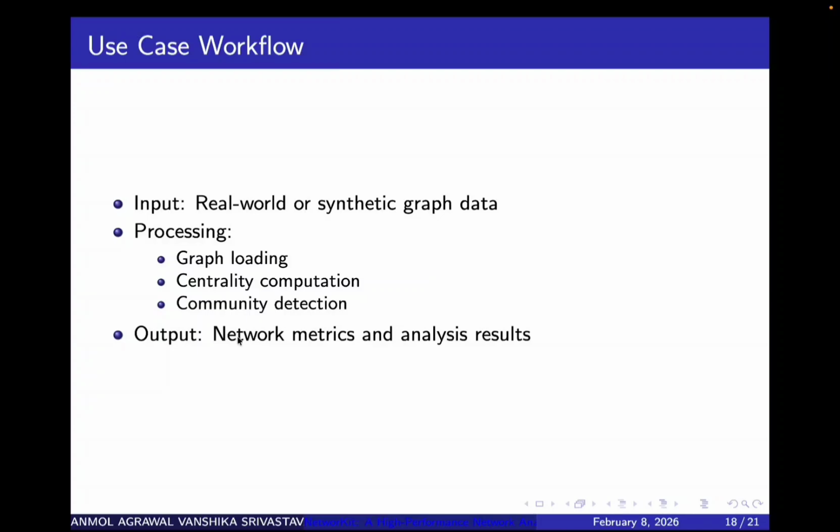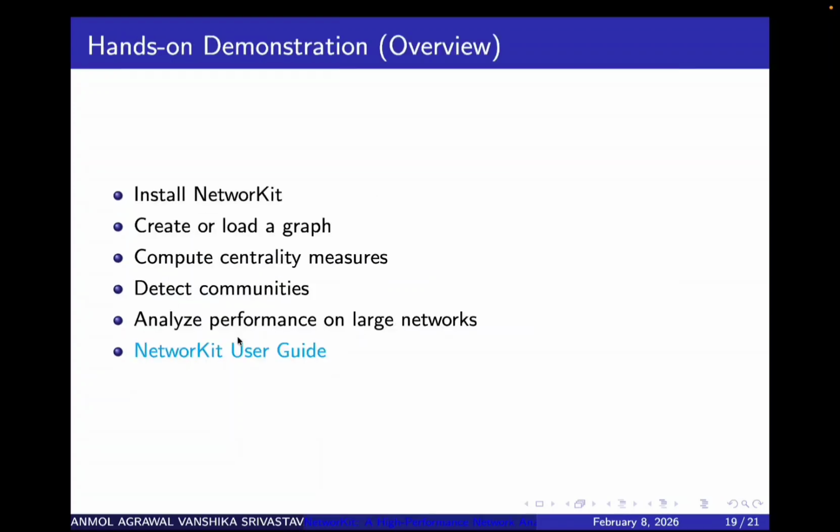Now, coming to the hands-on demonstration, which will be covered by Sayan and Vanshika, my group partners. The steps would include installing Networkit, creating or loading a graph, computing centrality measures, detecting communities, and analyzing performance.